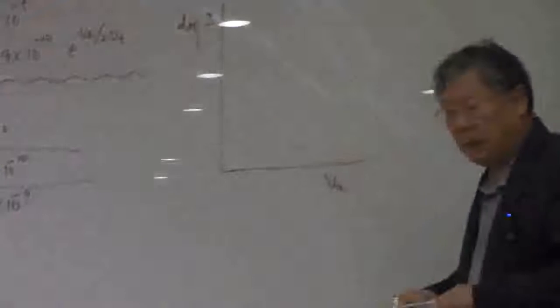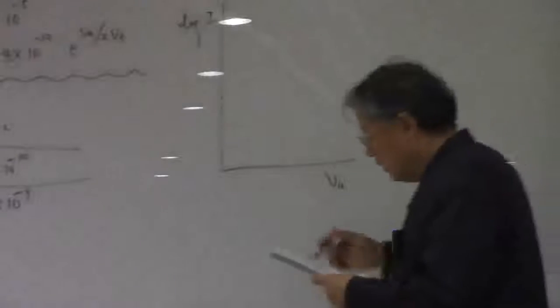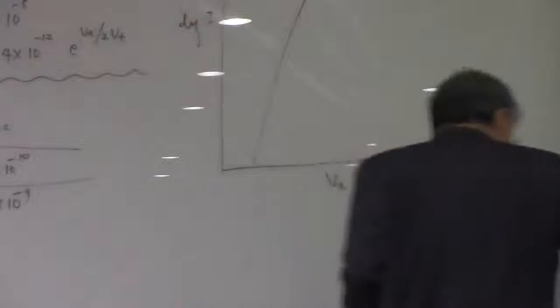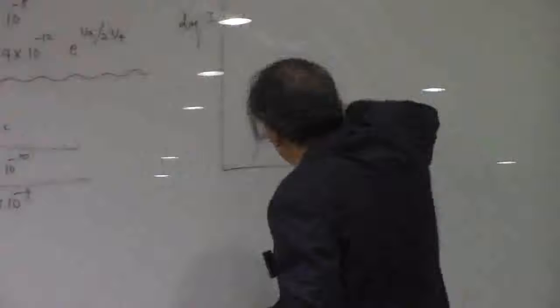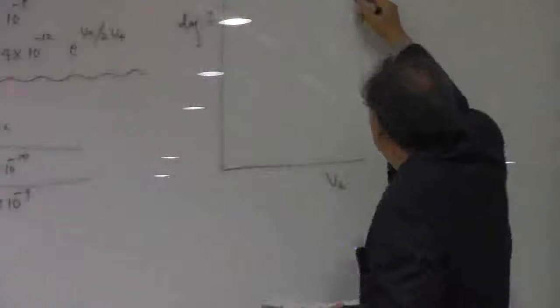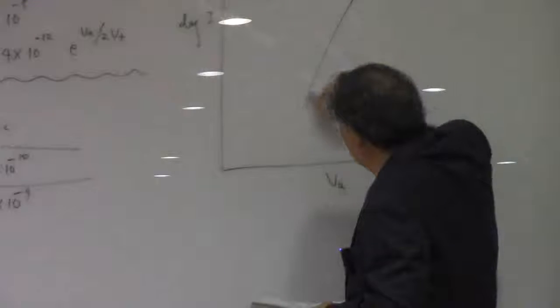If you plot that against base-emitter voltage like this, the ideal curve is going to be something like this.